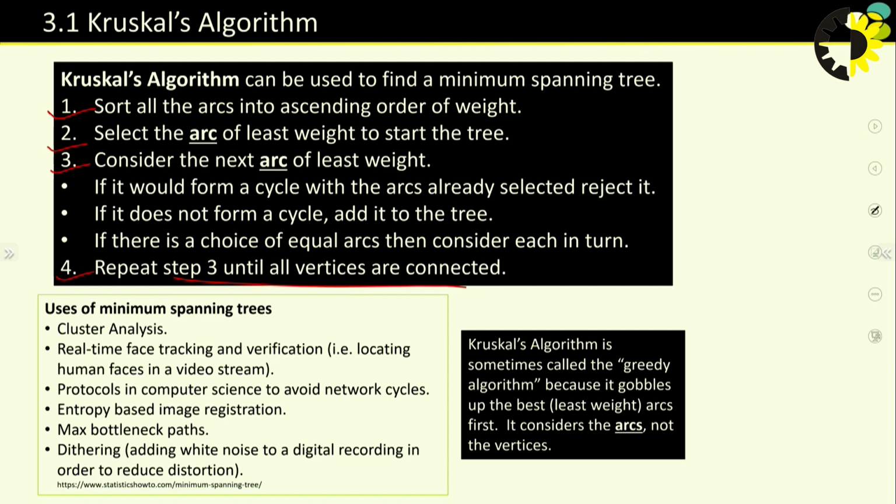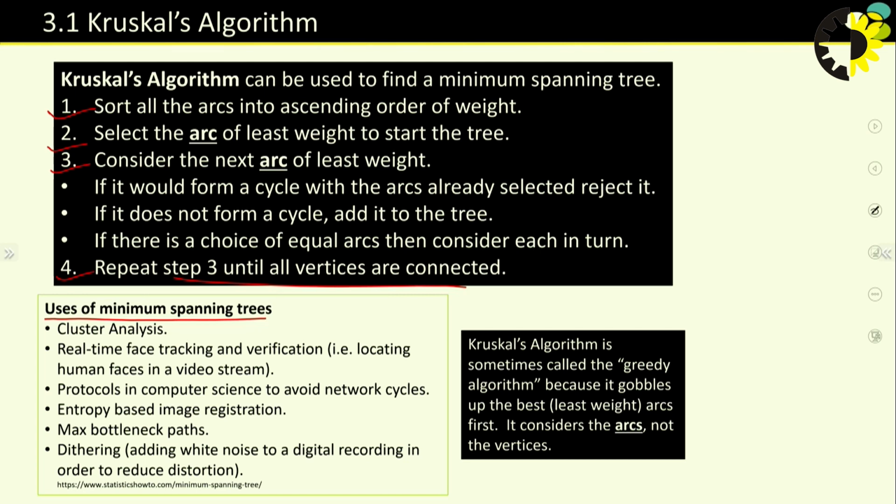What are the uses of the minimum spanning tree in real applications? We use the minimum spanning tree in cluster analysis, and in real-time face tracking and verification systems, meaning locating a human face in video streaming.